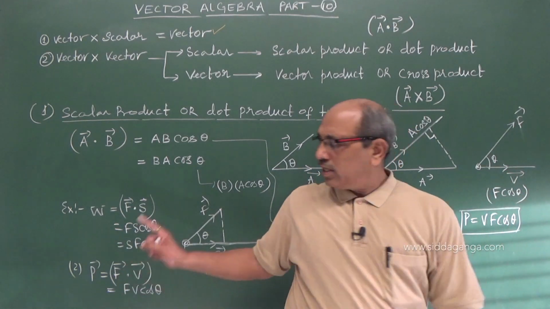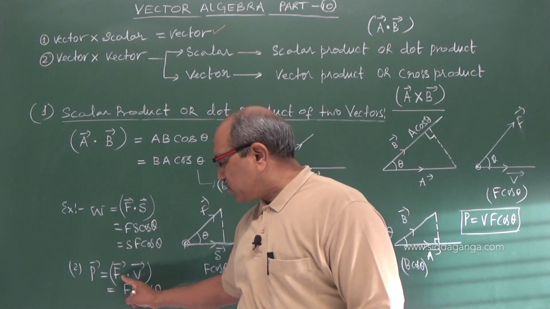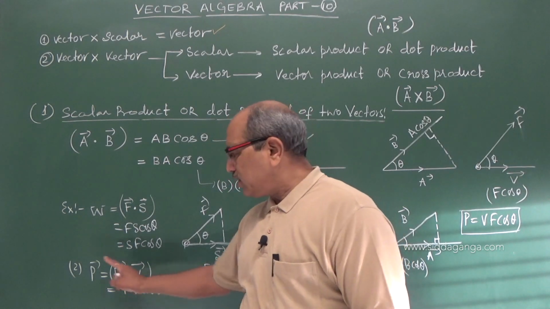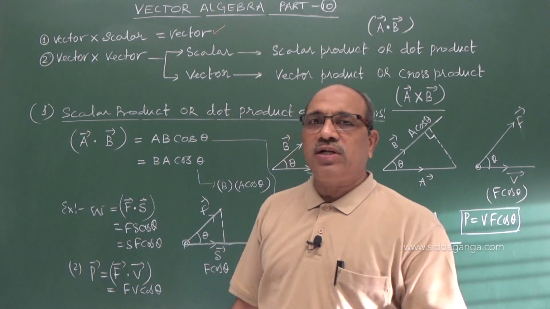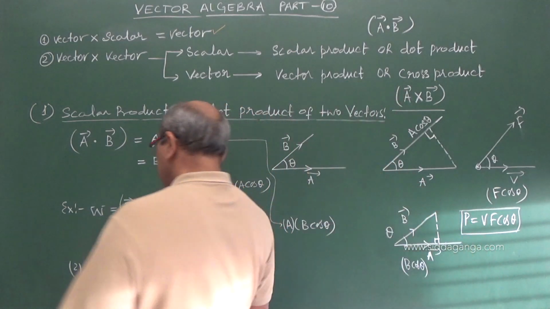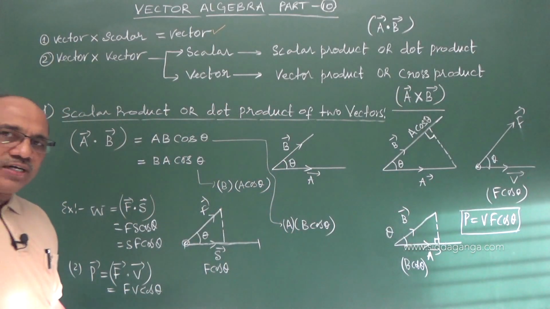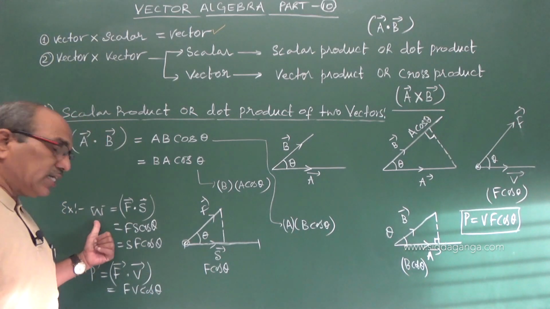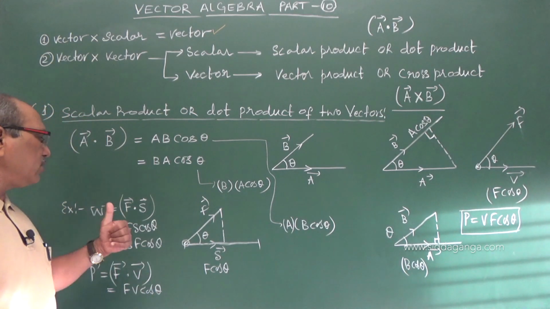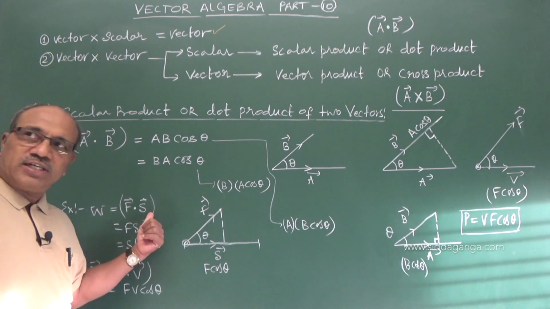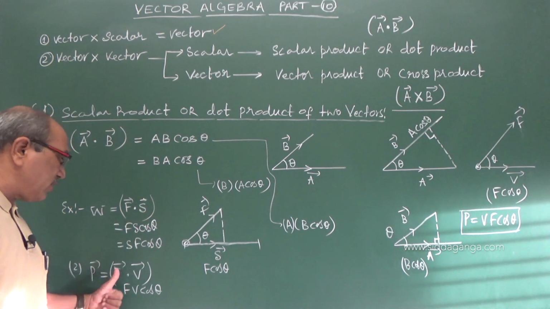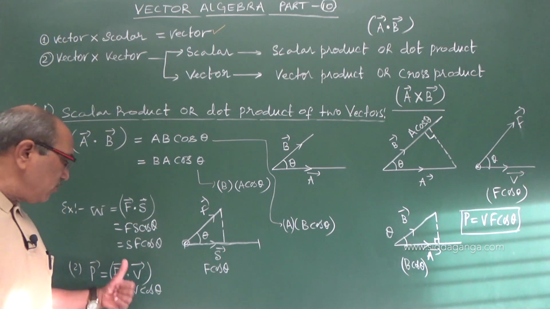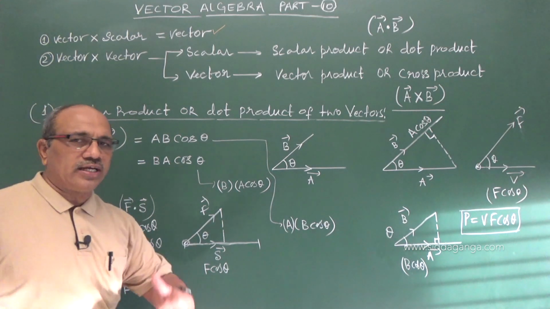Force and velocity are both vectors, but power, the rate of doing work, is a scalar. Work done is a scalar, but force is a vector, displacement is a vector. Force is a vector, velocity is a vector. When you take the dot product, they lose the direction.